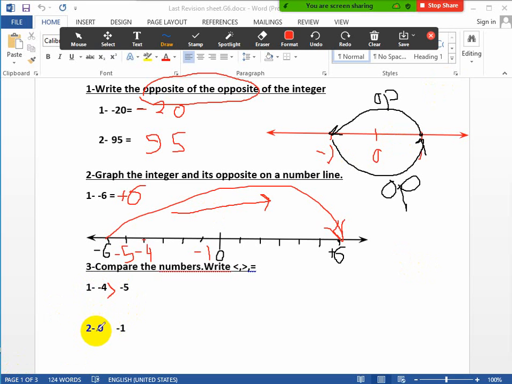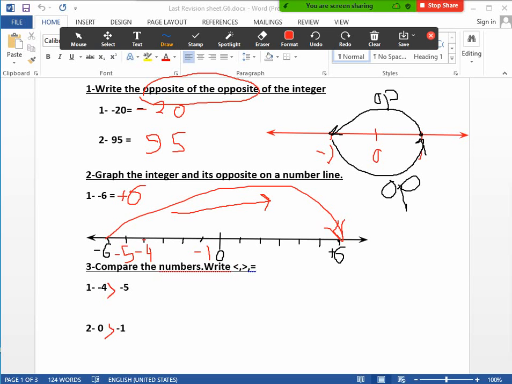What about 0 and negative 1? Yes, Yusra. Which one is the greater? 0. Excellent. According to the number line, 0 is greater than negative 1. Thank you, dear. Now, have all of you finished, girls?